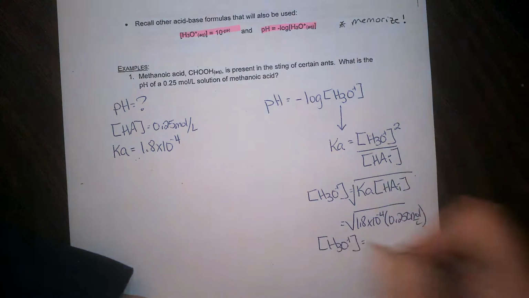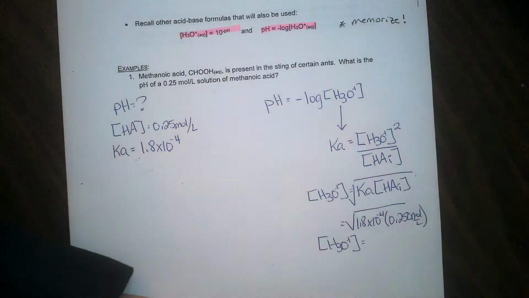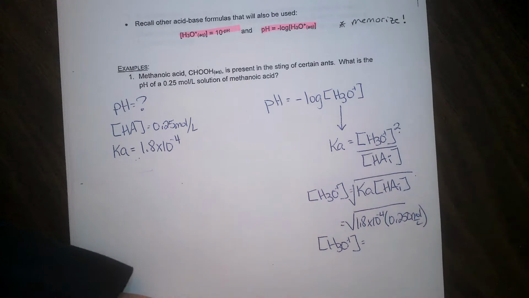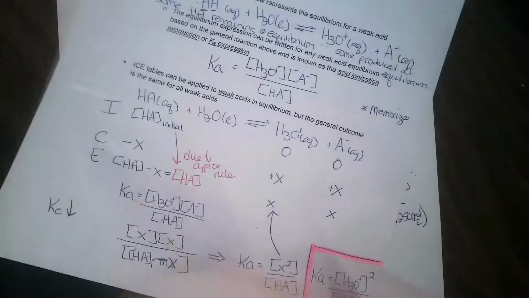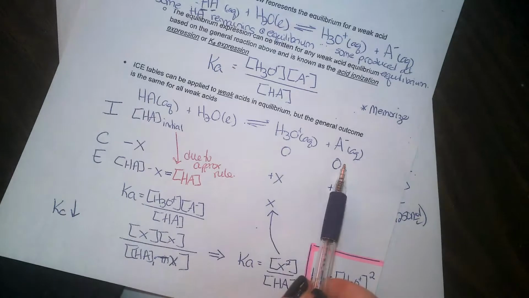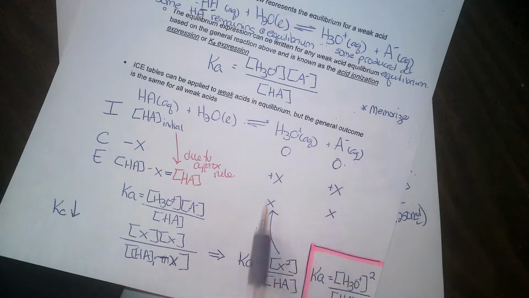It'll pop back up. So hydronium ion is going to be equal to, because we have it squared here, because when we go back to our ice tables here, we have X times X, right? Hydronium ion and the acid ion, X squared in our products, and we have HA in the bottom.